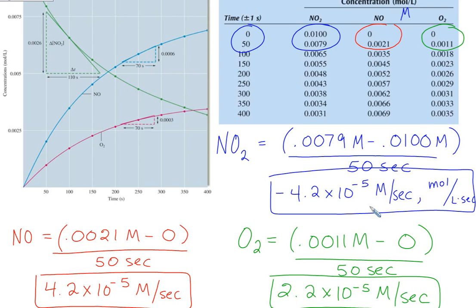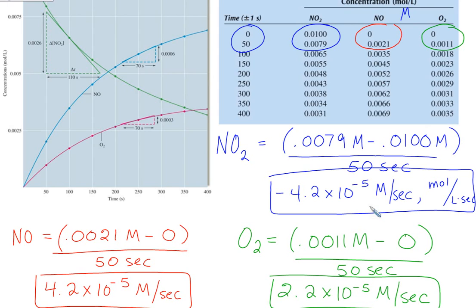The oxygen makes sense. It's produced at half the rate at which the original reactant is consumed. It's produced at half the rate that the other product is produced. They're proportional to the ratio in the balanced equation. The only difference is that technically a reactant is going to come out to be negative.